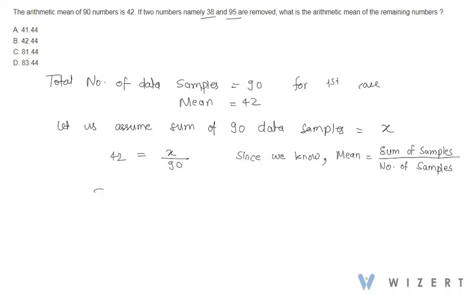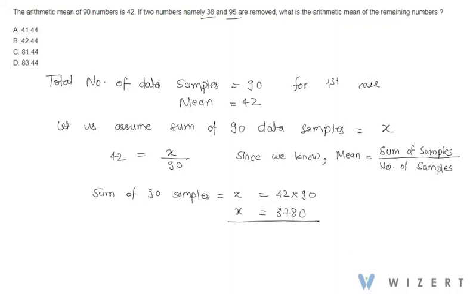So we get sum of 90 samples equal to x equal to 42 into 90. So x we get as 9 2s are 18, 9 4s are 36 plus 1 is 37, 3780.